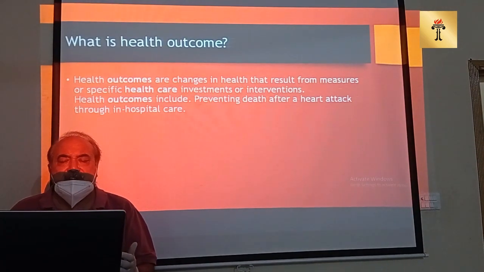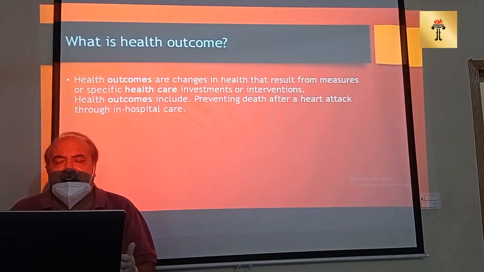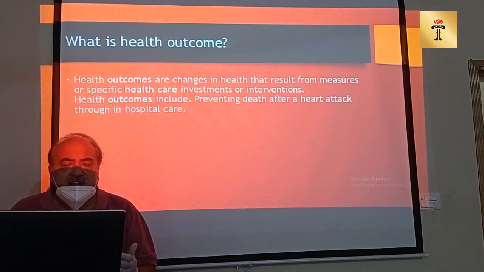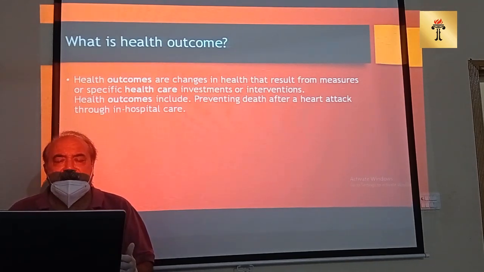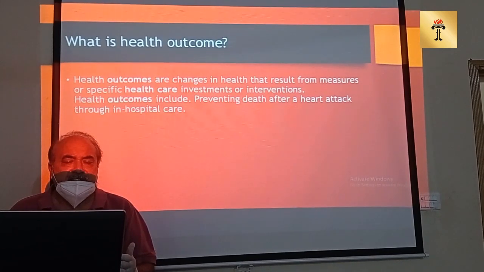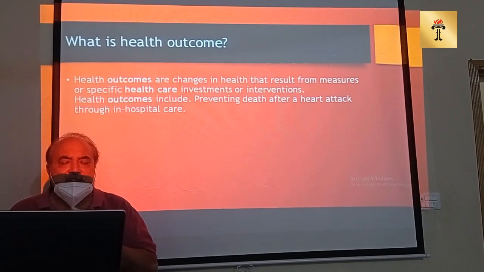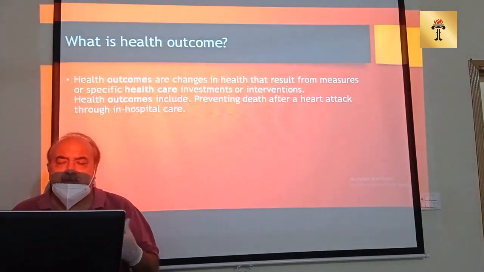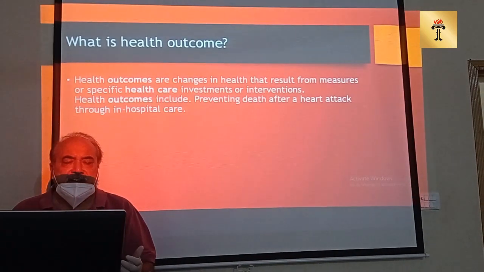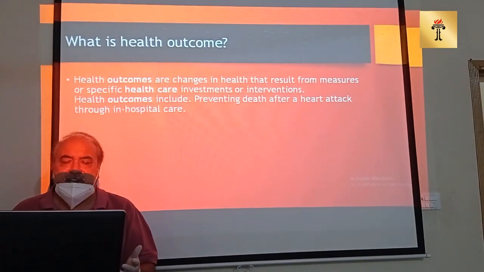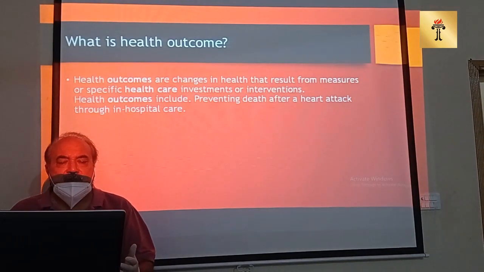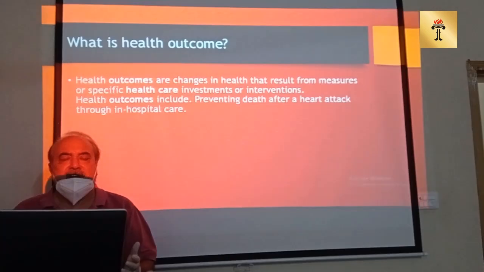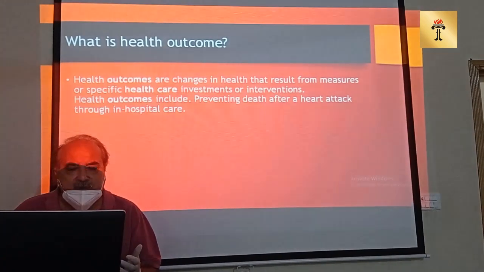Health outcomes are changes in health that result from measures or specific healthcare investments or interventions. So health outcomes include preventing death. If someone goes to a hospital after a heart attack and his death is prevented through in-hospital care, that is a health outcome.